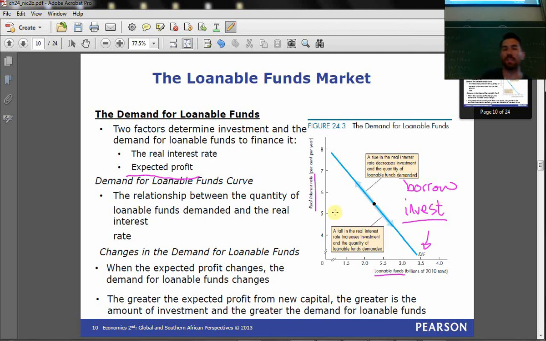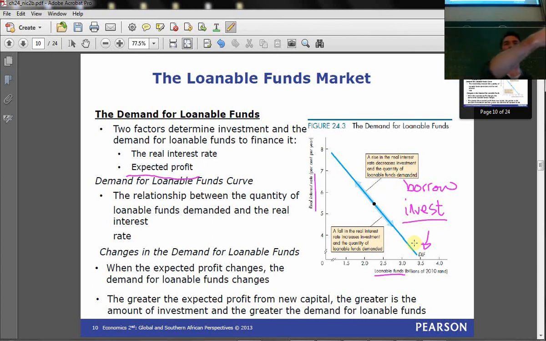Of course, this is expected profits. The same that happens in microeconomics and the labor market is going to happen throughout this course: when expectations change, our entire demand curve shifts. So this is our demand curve given what we expect in the future.